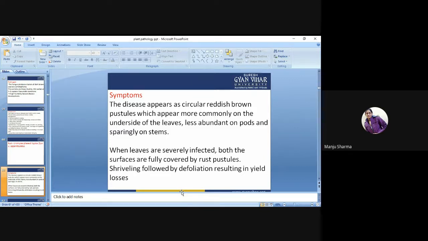When the leaves are severely infected, both the surfaces are fully covered by rust pustules, shriveling, followed by defoliation, resulting in yield loss.